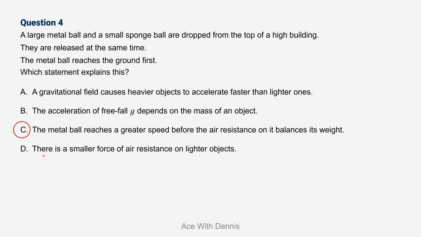The next one, D, is also wrong. There is a smaller force of air resistance on lighter objects? The magnitude of the force of air resistance depends on the speed of the object, so it does not mean that lighter objects have a smaller force. Hence, the only correct answer is C. The metal ball reaches a greater speed before the air resistance on it balances its weight.